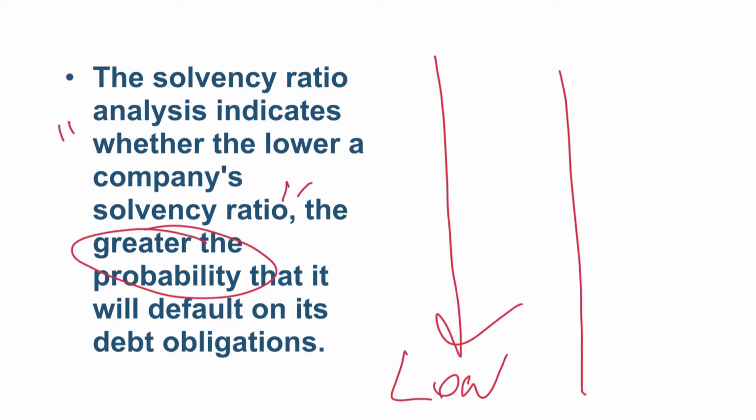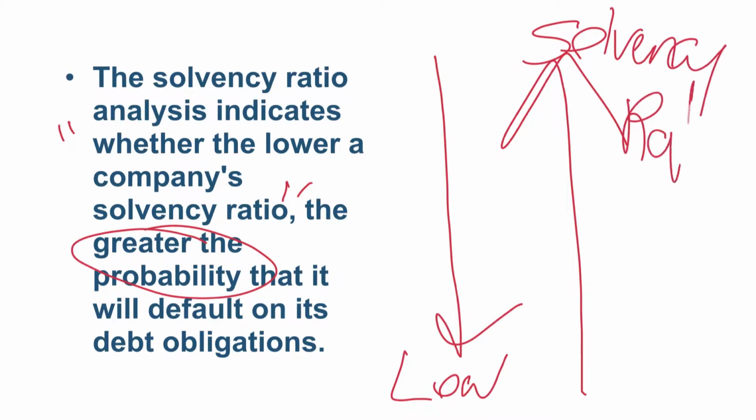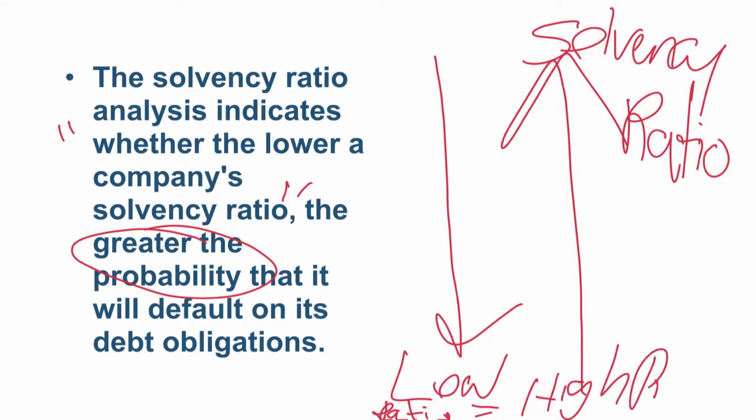So we want a high solvency ratio. So low ratio, high probability of defaulting.